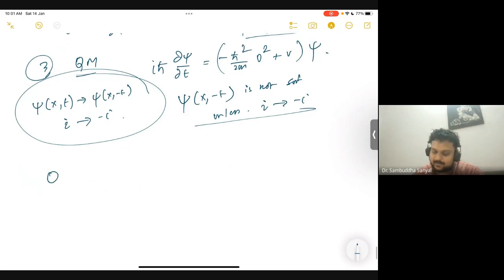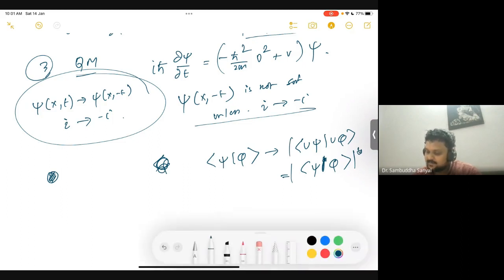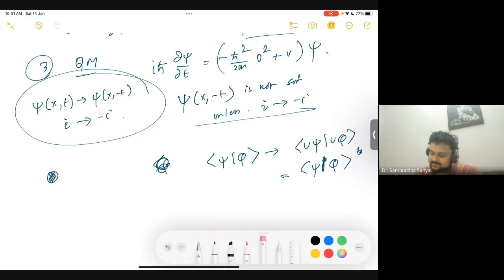Now there is one more point I want you to think about, which I mentioned but didn't explain. I said that if I take states psi and phi, and I do a symmetry transformation, U psi and U phi, then the inner product must be equal to the star of the inner product of psi and phi. Not mod star, just star. Why did I forbid this?